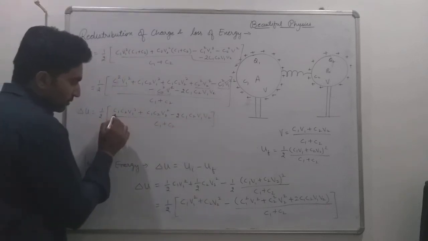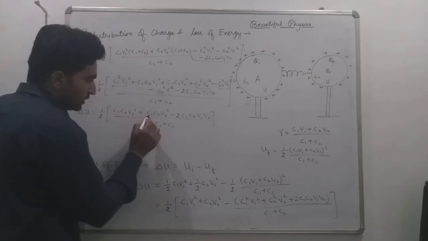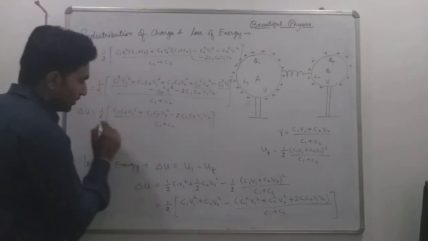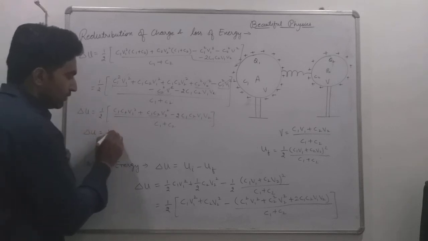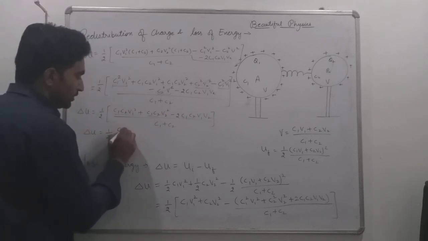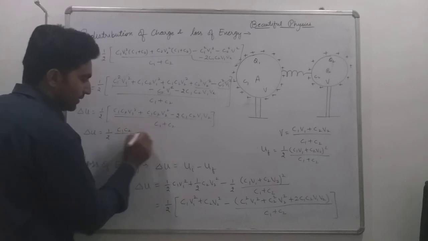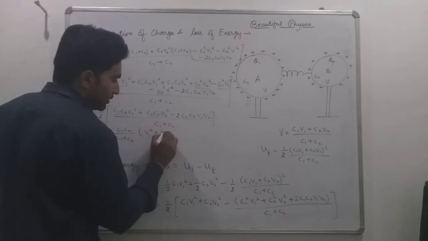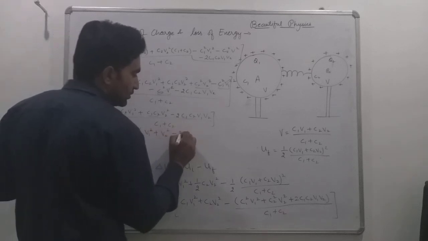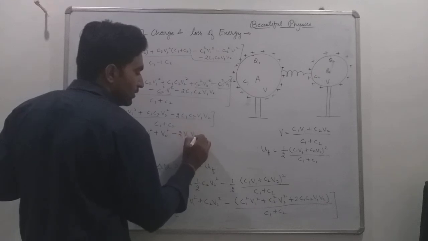From the above terms we can take C1 C2 as common. So we have delta U, loss of energy, equal to 1 by 2 times C1 C2 divided by C1 plus C2 and here we have the terms V1 square plus V2 square minus 2 times V1 V2.